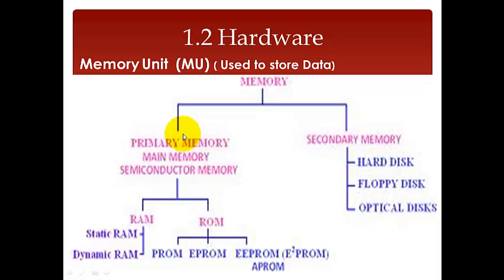The primary memory can be further classified into RAM and ROM. RAM is further classified into static RAM and dynamic RAM, and ROM is further classified into PROM, EPROM, and EEPROM. Coming to secondary memory devices, we have hard disk, floppy disk, optical devices such as CDs and DVDs, etc.